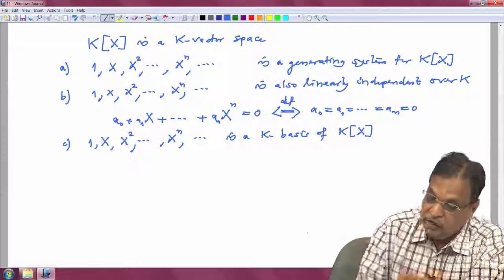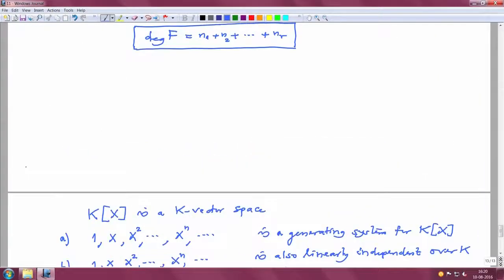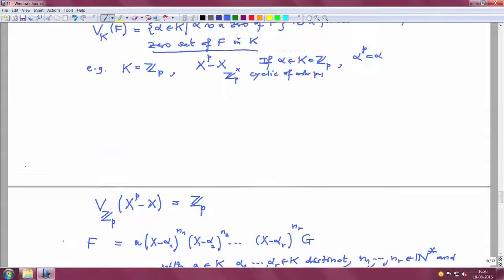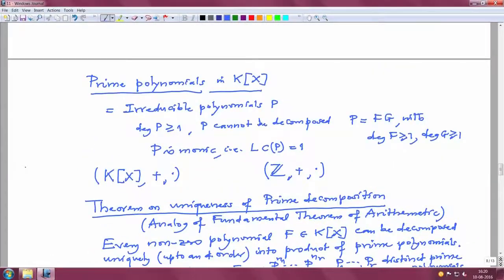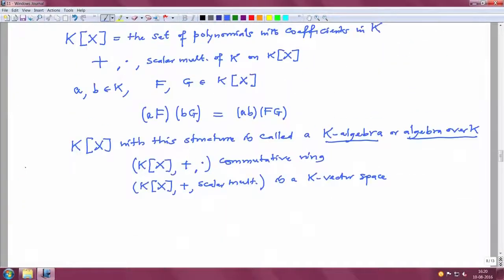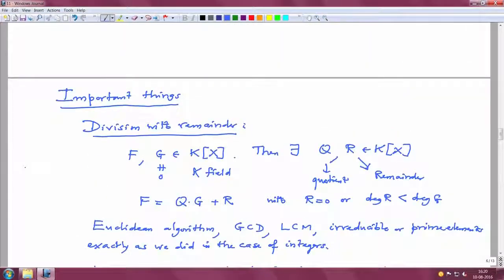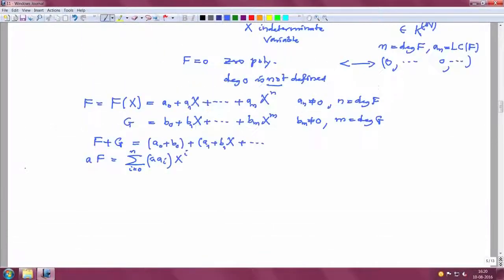But now the next example, I forgot the number, let me check the number. This was a rather long discussion on polynomials. I thought it is a good idea to recall about polynomials.